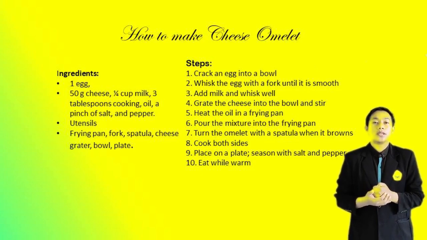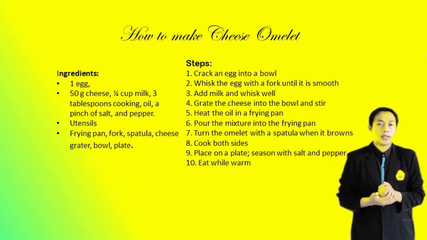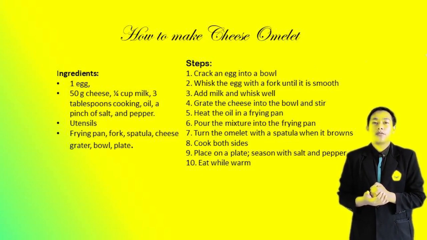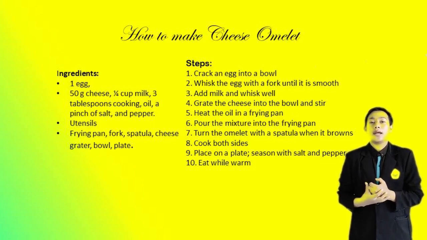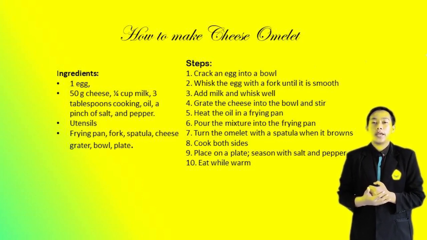The ingredients consist of eggs, 50 grams of cheese, a cup of milk, and 3 tablespoons of something else. This is the materials or ingredients. Okay, the next is the steps, how to make it. Okay, do you understand?